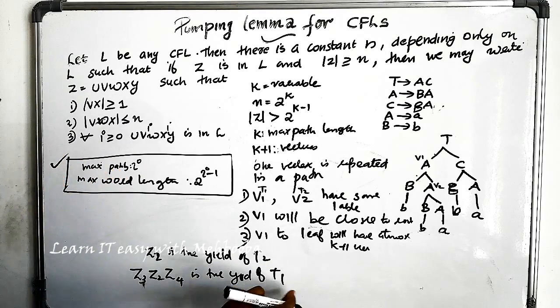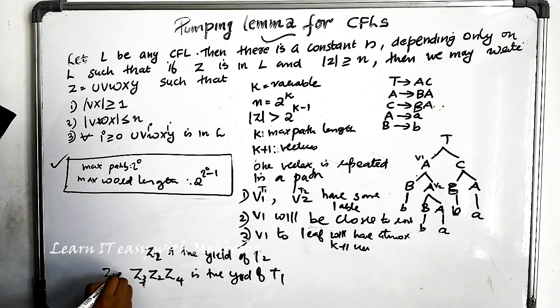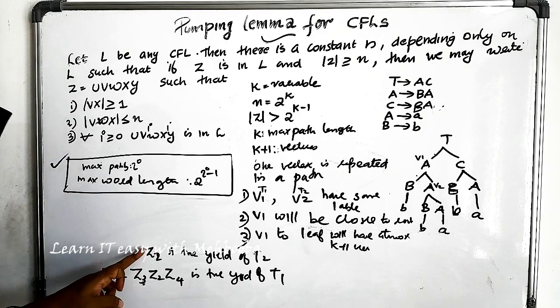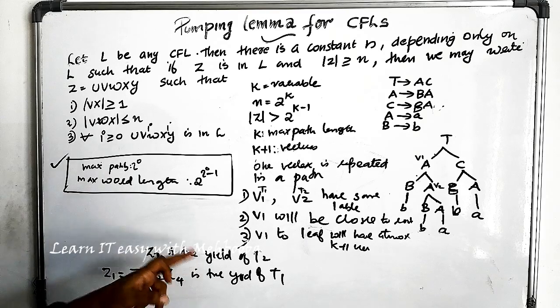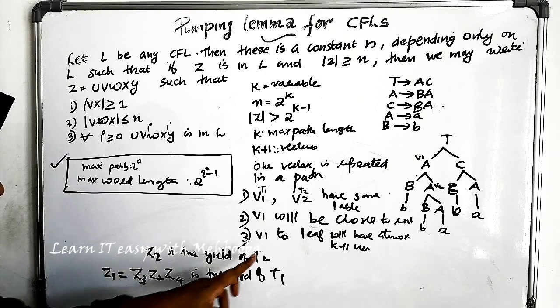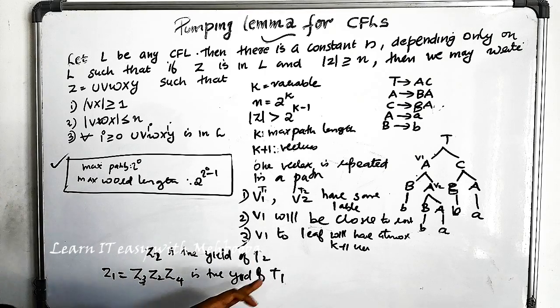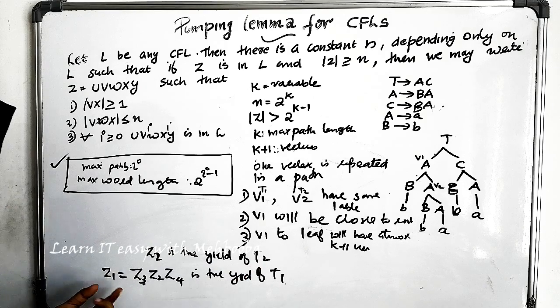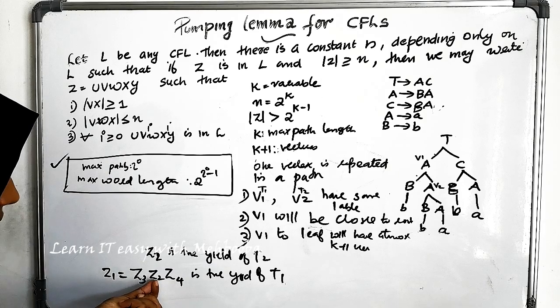Agreed? Because the yield of T1 will be some Z1 which is equal to Z3, Z2, Z4. Because T2 is a subtree of T1, T1 will be enclosing T2, right? That is, the yield of T1 is Z1, which is equal to Z3, Z2, Z4, where the yield of T2 is included, which is Z2.